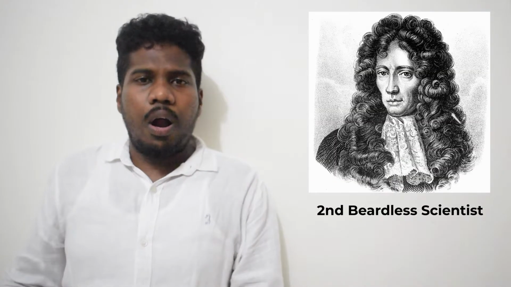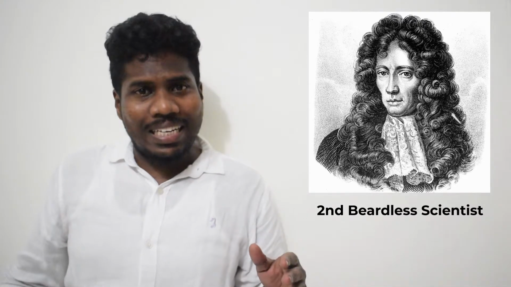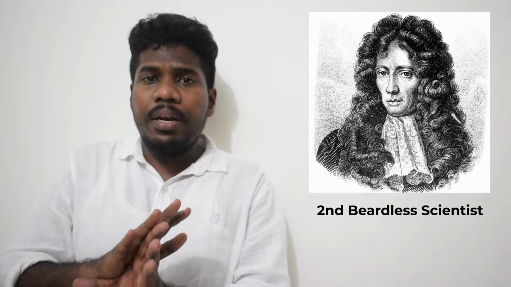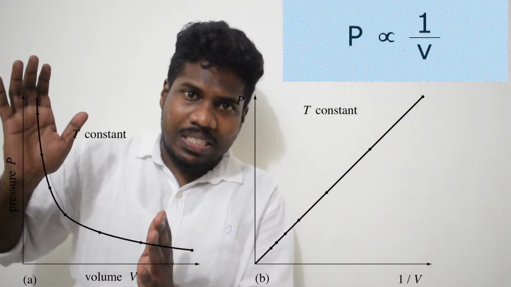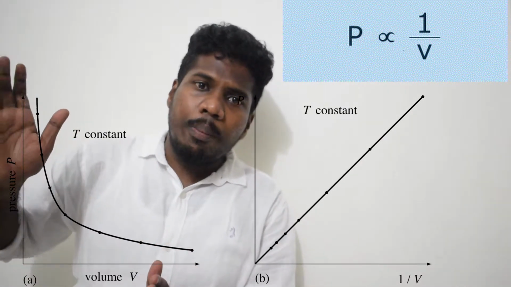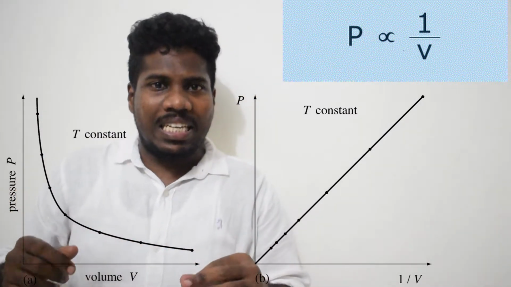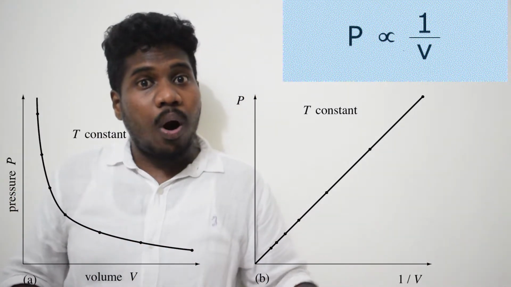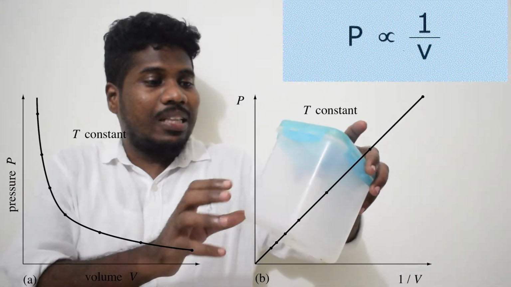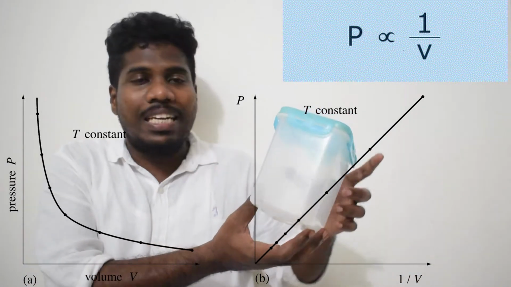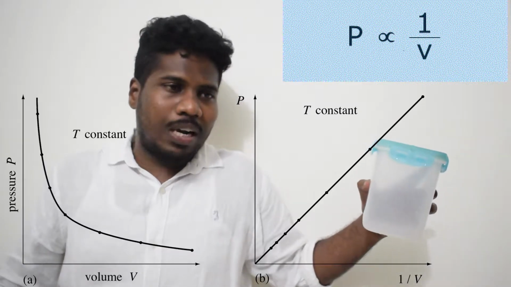Yep. Now there was another scientist called Boyle. Alright. So Boyle's law states that when the volume increases, then definitely the pressure decreases. For that, what he said was that the amount of substance inside the box is assumed as constant.